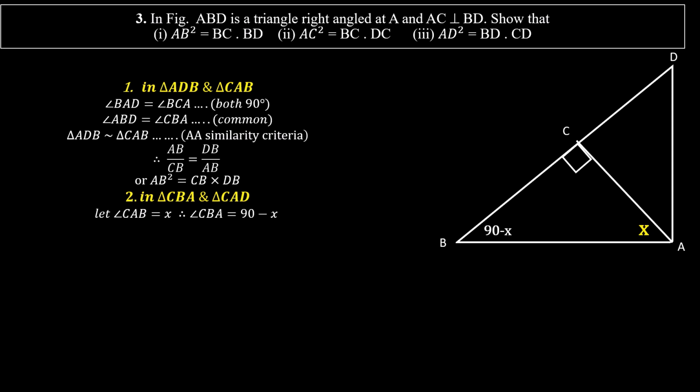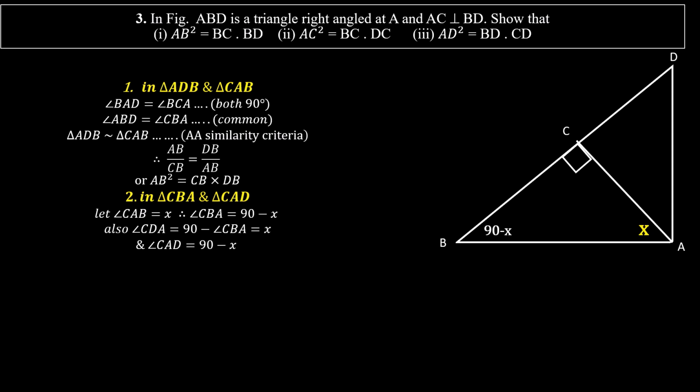Also, in this whole triangle, this is 90 degrees, so this plus this will add up to 90 degree. This is 90 minus x, so this will be 90 minus this angle. This is x. CDA, this angle is equal to 90 minus CBA.